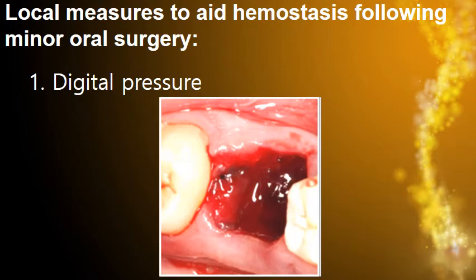The aim of this digital pressure is not only to return the bone to its normal contour after the expansion due to the extraction movements, but also to aid in the hemostasis. We aid in the vasoconstriction of the blood vessels. After that, we put a cotton on the wound on the extraction site, and we tell the patient to keep biting on it.